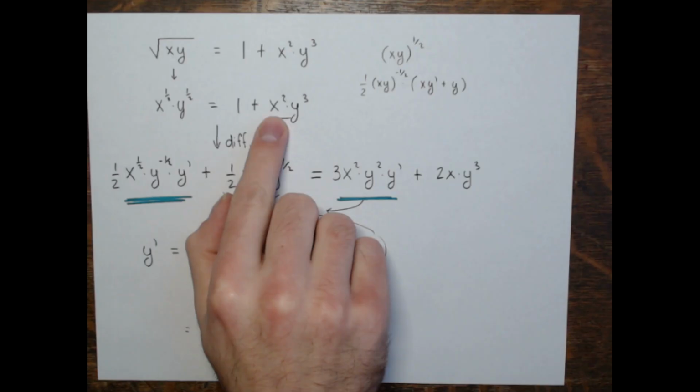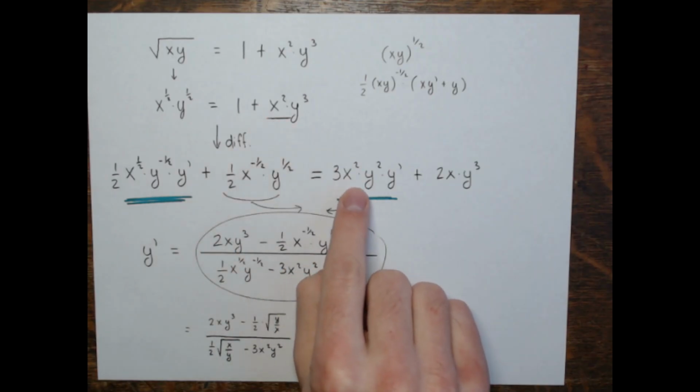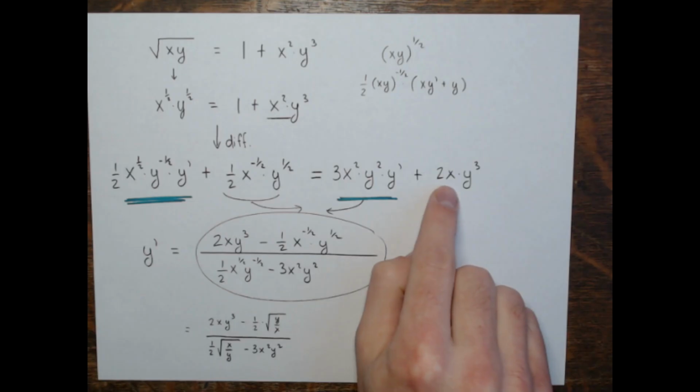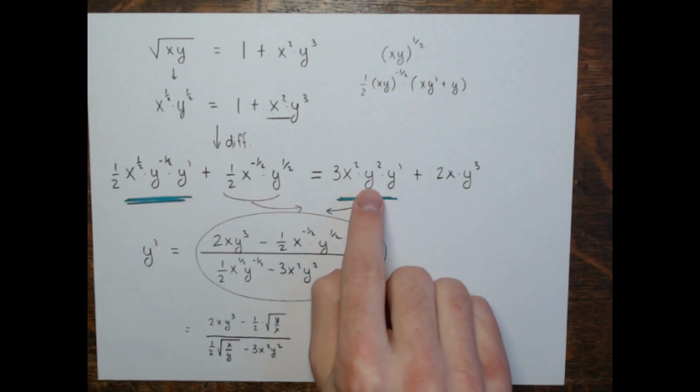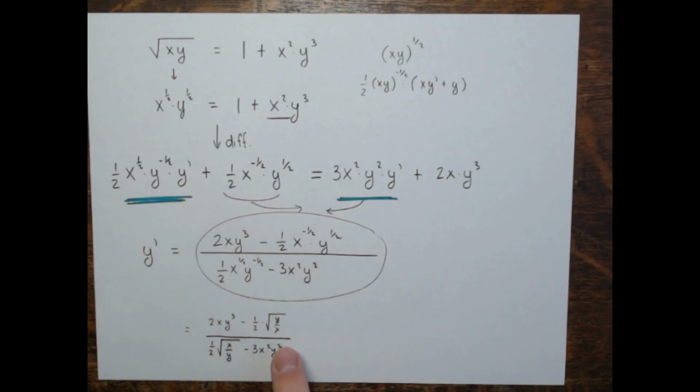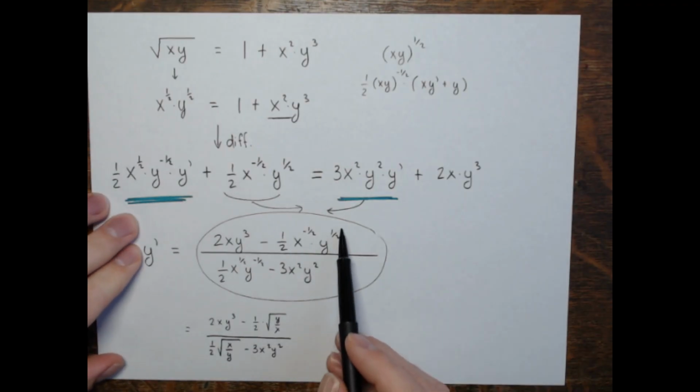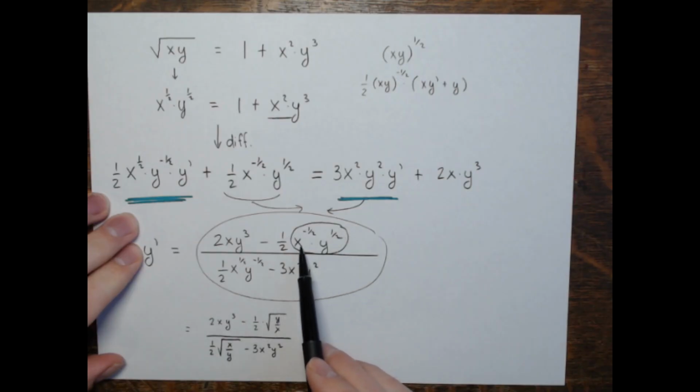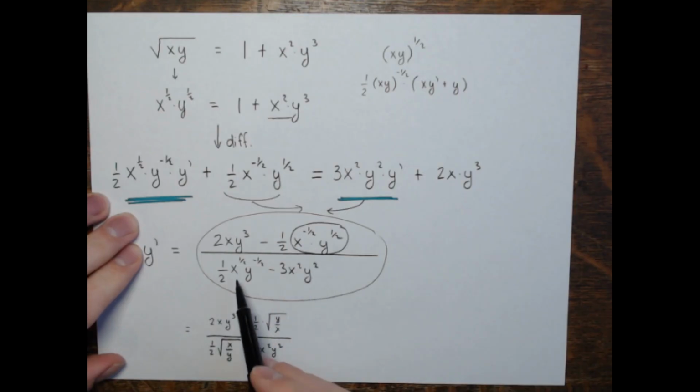On the right side, product rule: x squared times 3y squared y prime plus 2x times y cubed. Take that away, factor y prime out. Now let's see if we rewrite these using roots. This would be the square root of y over x, and this down here would be the square root of x over y.